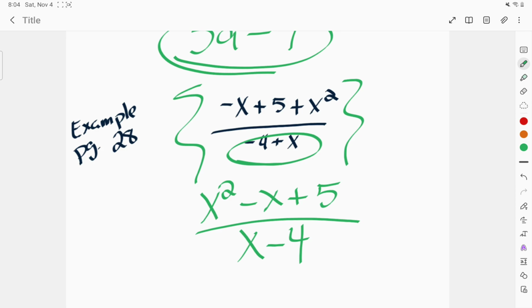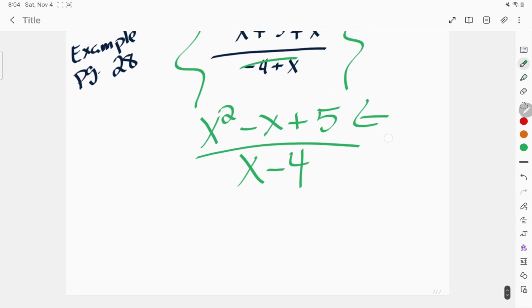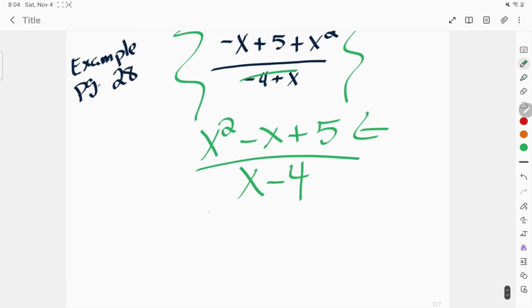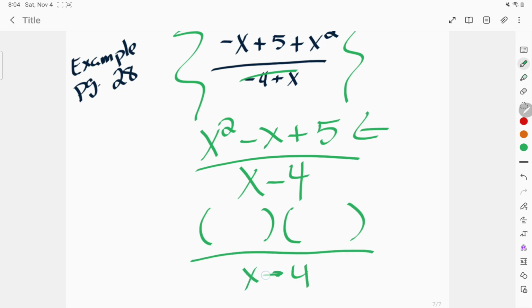Okay, so again, I'm going to factor out this numerator. The only factors of 5 are 5 and 1, and I only have x in that first one, or x squared, I mean. So I'm going to have 2 binomials, and I know that I am attempting to get a x minus 4.